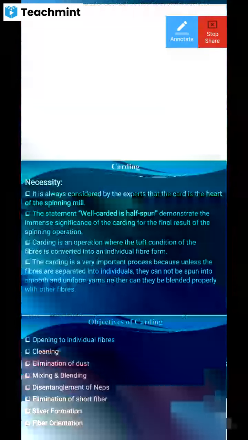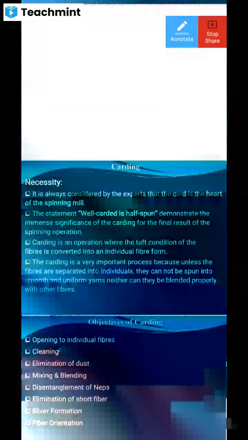Between the carding wire points and flat wire points, every individual fiber is individualized. Then the short fibers are removed and good fibers are transferred to the doffer zone. In this way, the carding is operated. The material conversion, opening and cleaning, individualization of the fibers, removing the short fibers, removing the entanglement of the fibers or removing the neps. So this is the application of the carding machine.